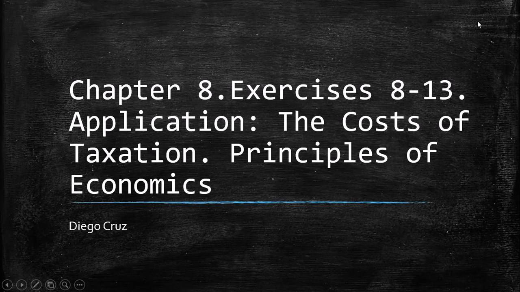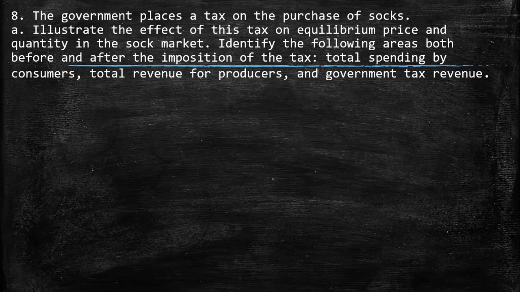Everyone, in this video we're going to solve the exercises from 8 to 13 of chapter 8, Application: The Costs of Taxation. This is from the book Principles of Economics by Gregory Mankiw. So the number 8 problem says the government places a tax on the purchase of socks.